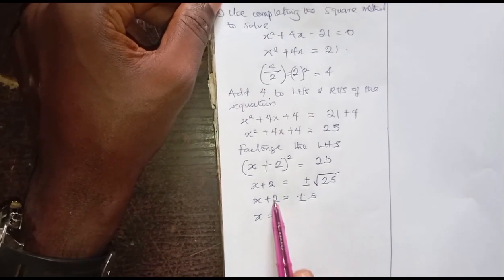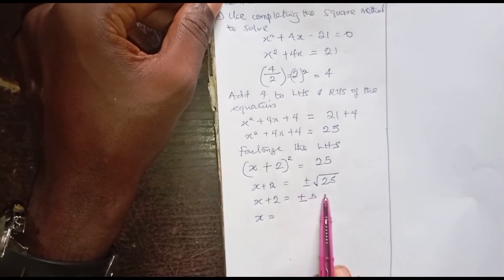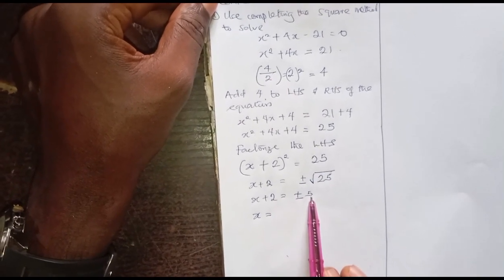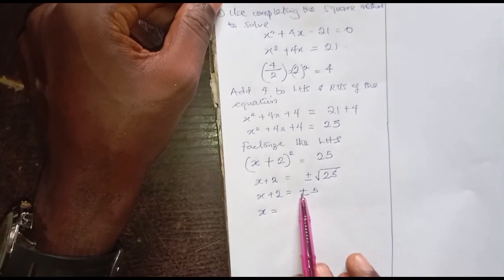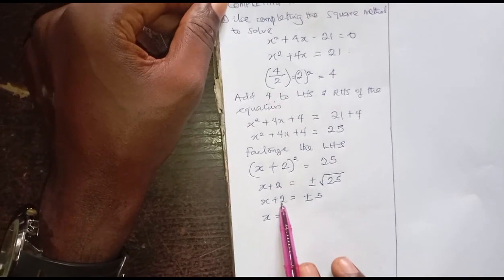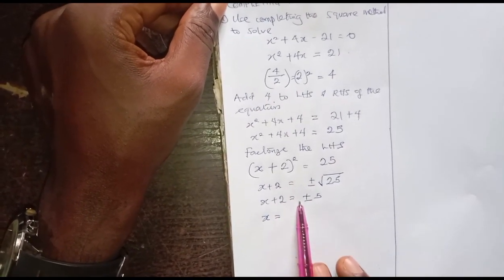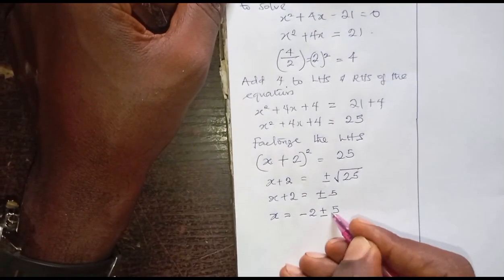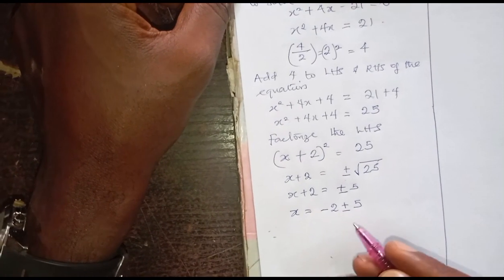Please, as this 2 is coming here, this 2 is not coming to stand in front of 5. It's going to stand behind the signs that 5 is having. Why? Because we are having a double sign. Okay? So what sign is 2 having here? Plus. If it gets here, it becomes what? Minus. So it's going to become minus 2 plus or minus 5. Therefore, I split this into 2.